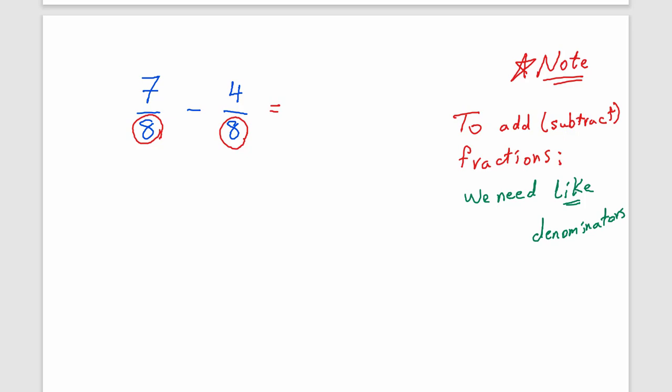So, as we did in addition, we will do the same with the subtraction. Just write the denominator and subtract the numerators. 7 minus 4 equals 3. We can write it like this, 7 minus 4. Then we can write 3/8 as the final answer. Or we can just write the 3/8 directly.